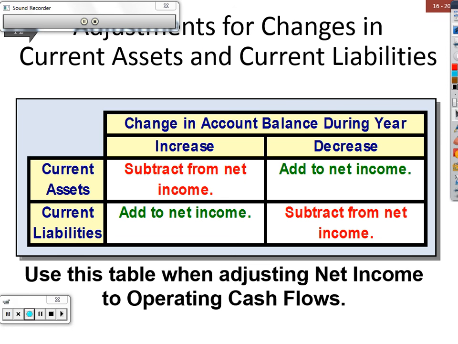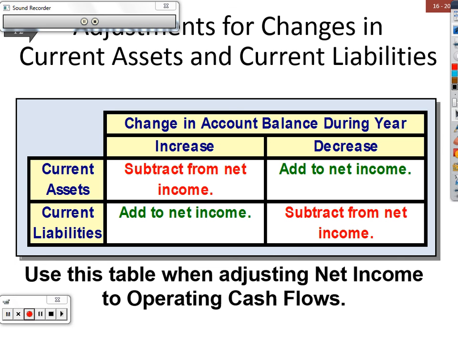So decrease in non-cash assets, and my question was, if it was an increase in accounts receivable, why are we reflecting it as a negative? It was an increase, right, in accounts receivable. So it says increase in non-cash current assets are what from net income?